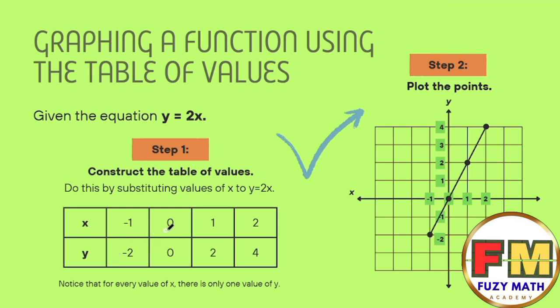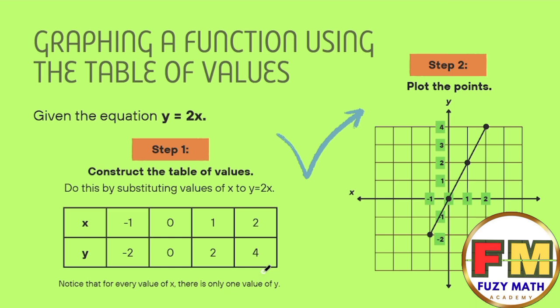Value of x 0, then value of y is also 0. If value of x is 1, the value of y will be 2. The value of x is 2, then value of y will be 4. Notice that for every value of x, there is only one value of y.